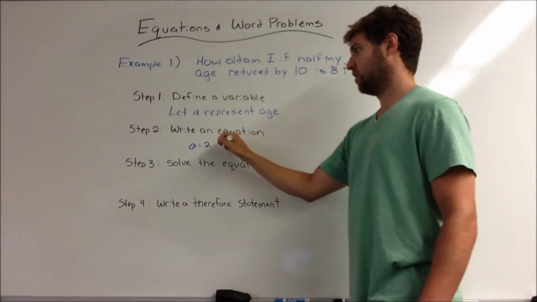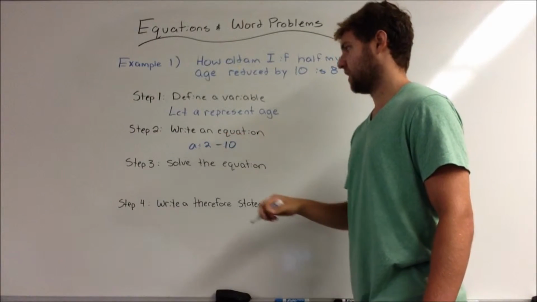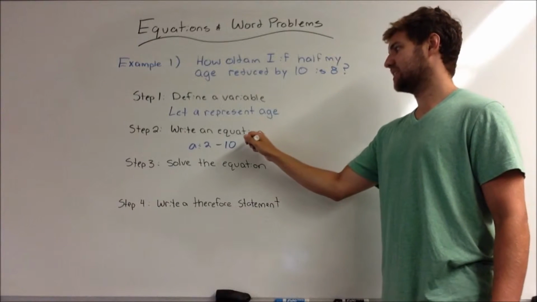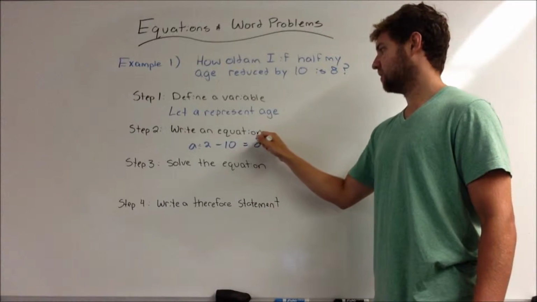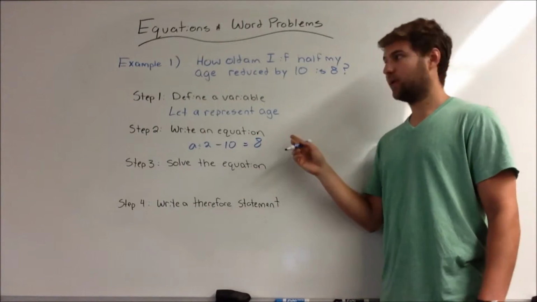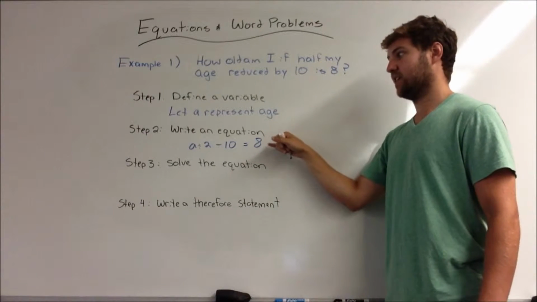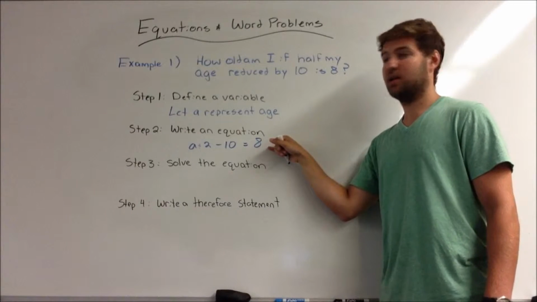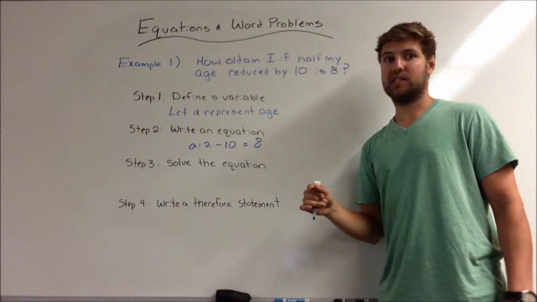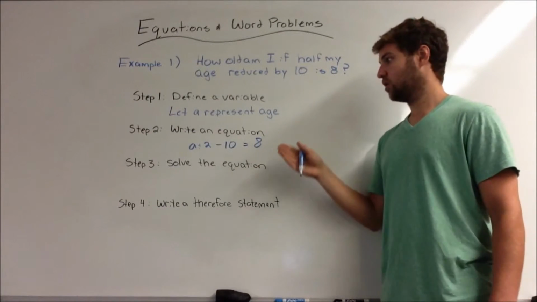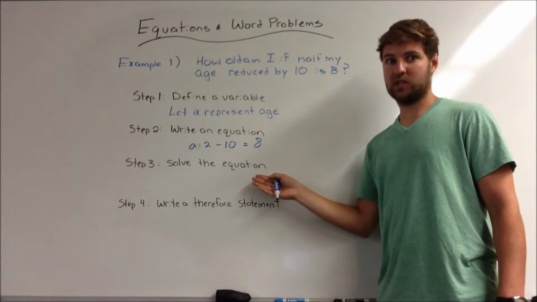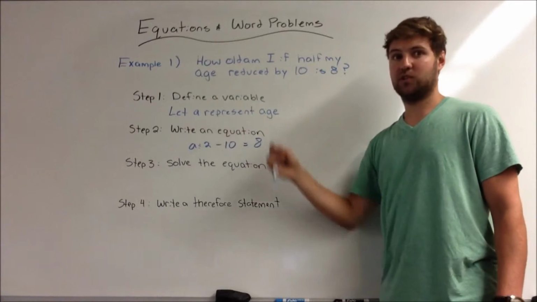Reduced by 10 means we're then going to subtract 10 from it, and is equals to 8. So here's an equation that takes our question, and now we have it in nice mathematical form. A divided by 2 minus 10 equals 8. Once we've done that, we can solve the equation for A, and we'll know what the age is.